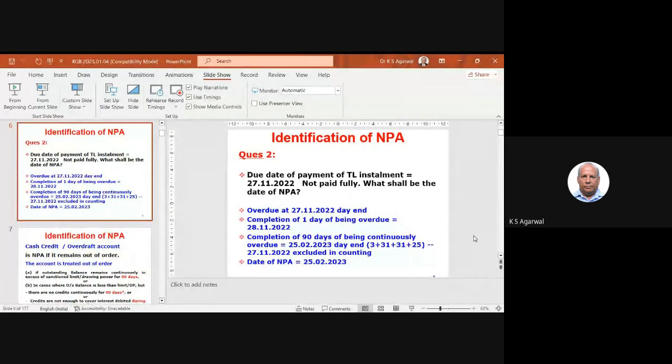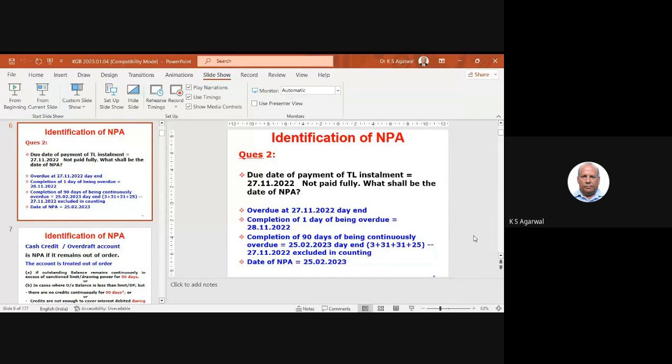Another question, number 2: the due date of payment of term loan installment is 27th November. It is not paid fully. What shall be the date of NPA? So friends, because the due date is 27 November, it will become overdue at 27 November day end. It will complete one day on 28th November.